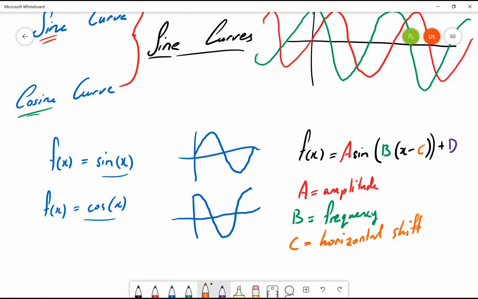And then we have D, which is, sorry guys, I thought I pressed this, but obviously it hasn't worked. So D is the vertical shift.